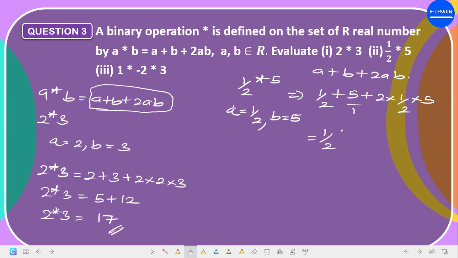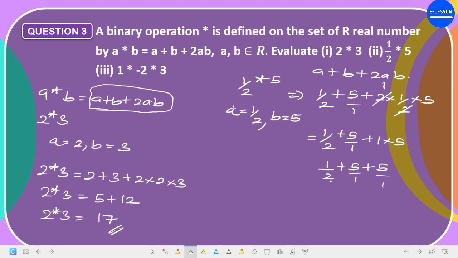So first of all, let's simplify this. This half plus 5 over 1 plus 2 cancels 2. We are left with 1 here. 1 times 5. And this gives us half plus 5 over 1 plus 1 times 5 is what? 5. This one 2 over 1. So at this point in time, what do we do?